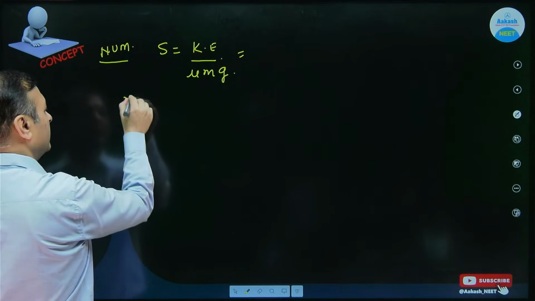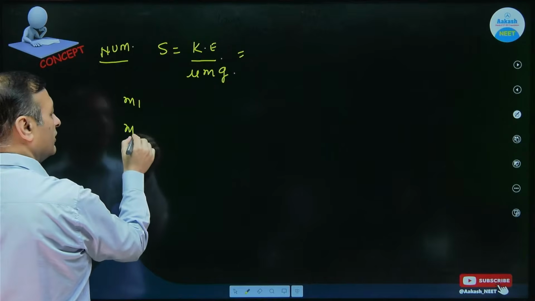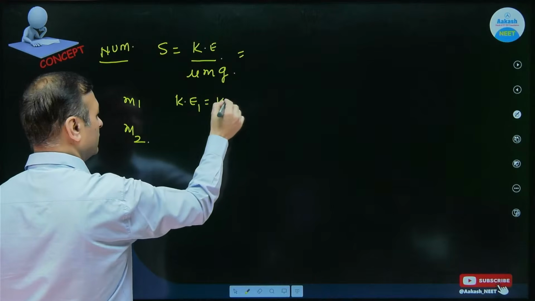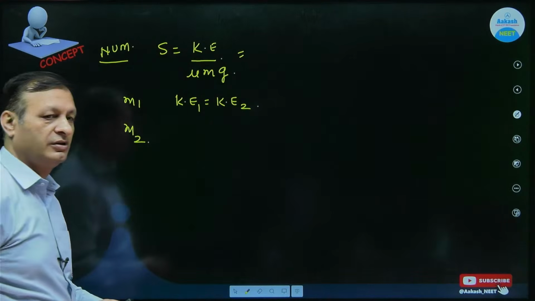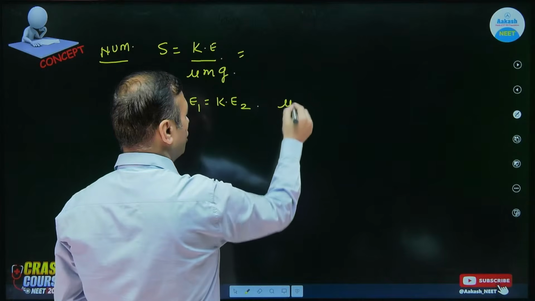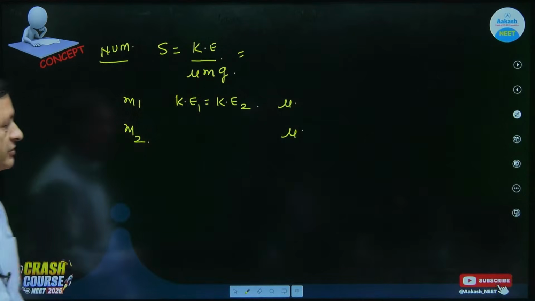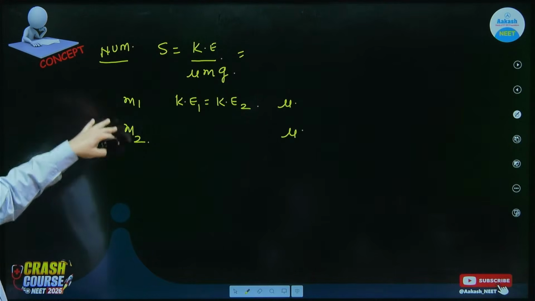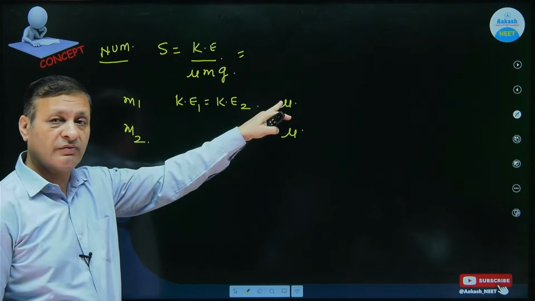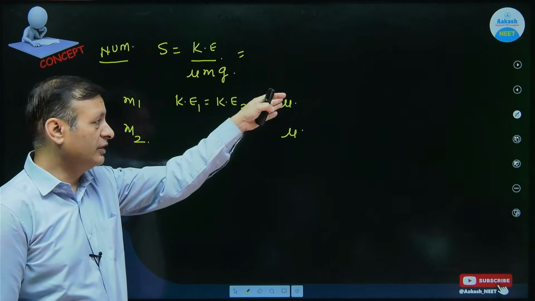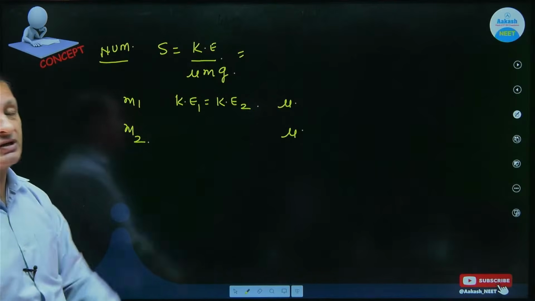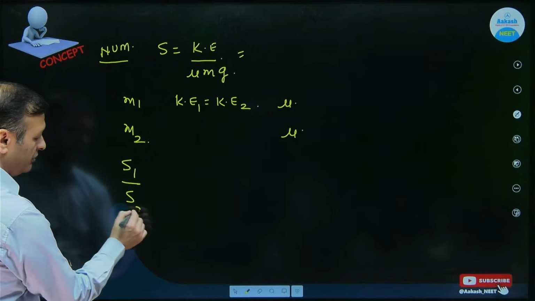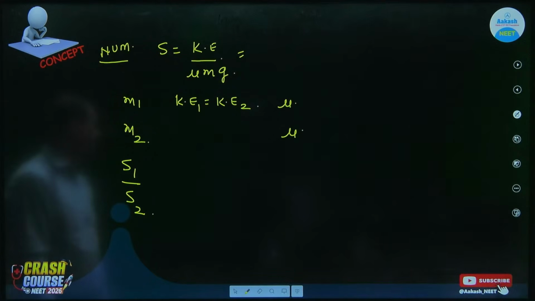Got it? So let's suppose you have two bodies, body M1 and body M2. They are moving with the same kinetic energy, right? And mu is also the same for both the bodies. So if two bodies of different masses M1 and M2 move with the same kinetic energy on the same frictional surface having the same coefficient of friction, and I ask you to compare their stopping distances, got it or not?